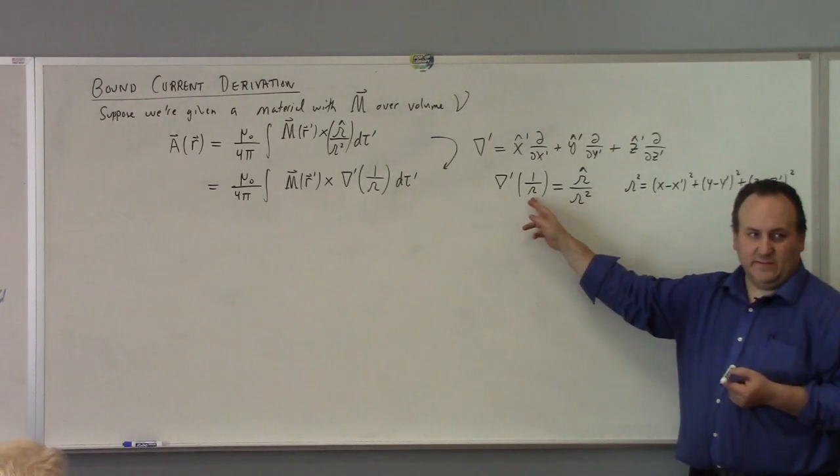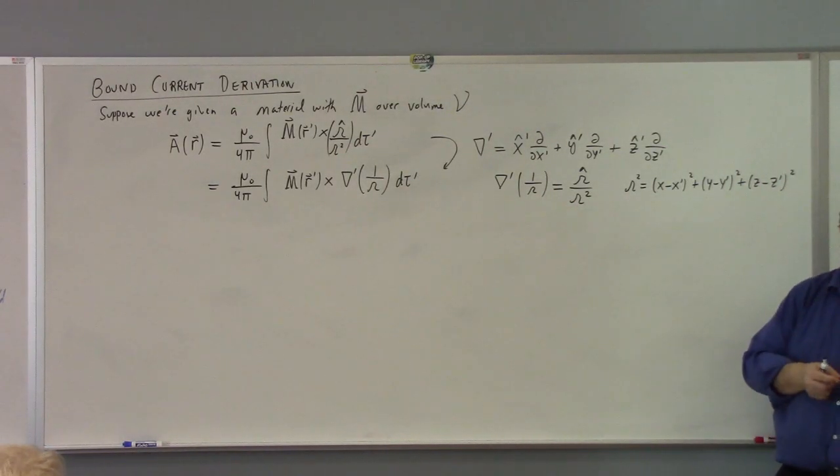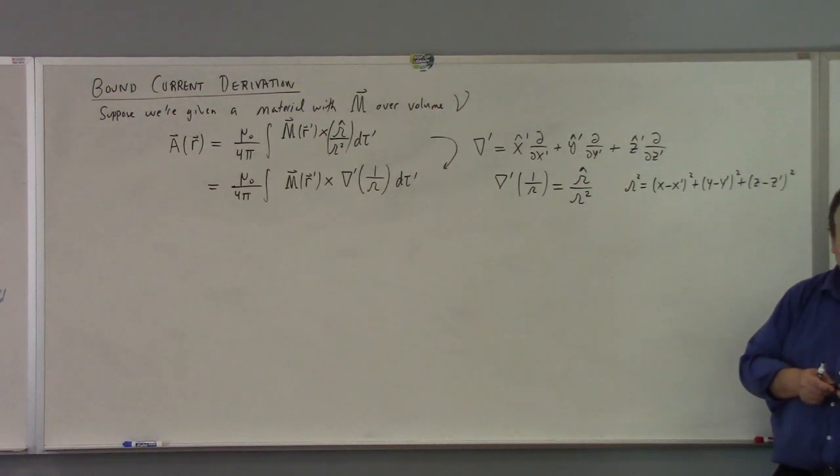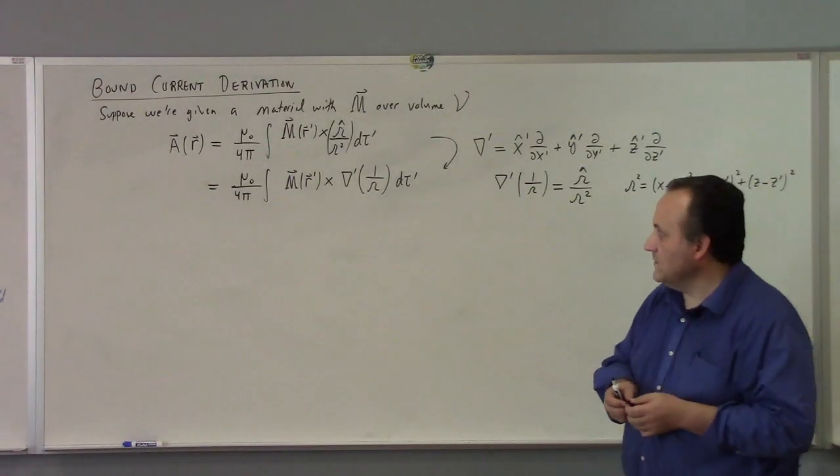Those minuses cancel and leave us with that. We talked about this before, I think it came up in the similar derivation of the bound volume charge and the bound surface charge for the polarization. That part we did was almost the same mathematics, really.